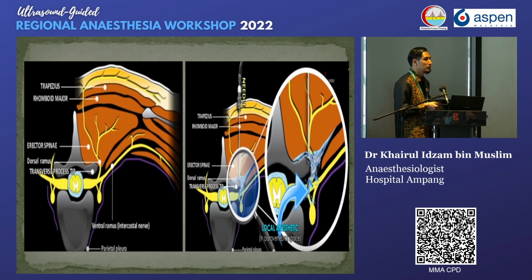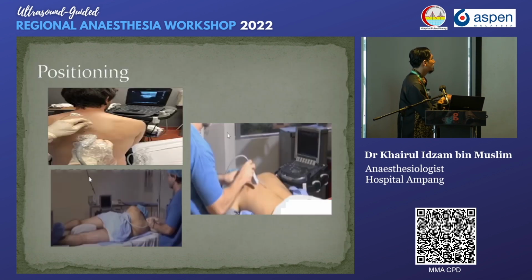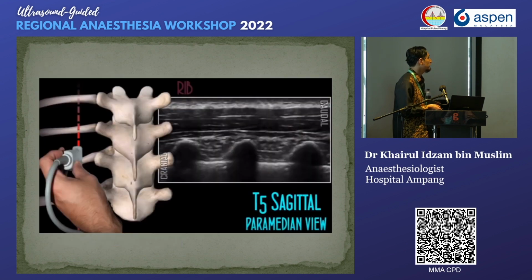We deposit our LA between the transverse process and the erector spinae muscle, and as you can see here, the LA will spill to the paravertebral space. We can perform it in a sitting, lateral, or supine position, but I personally like to perform it in a sitting position.